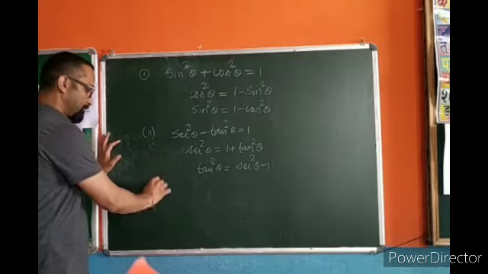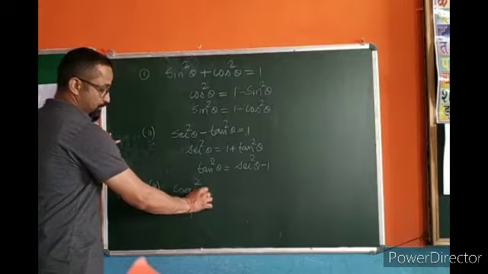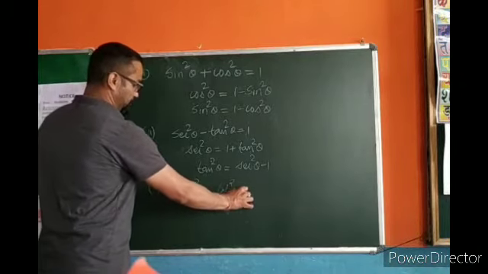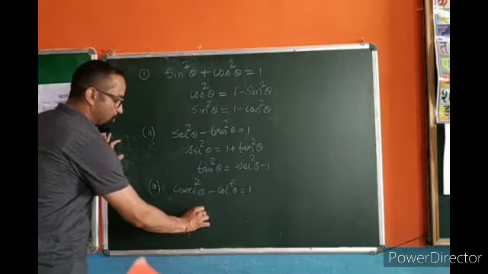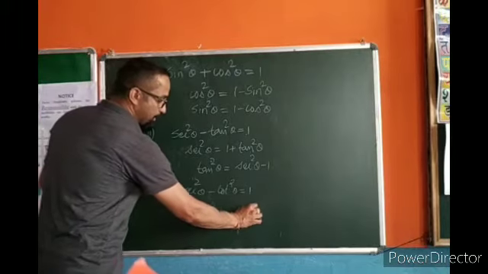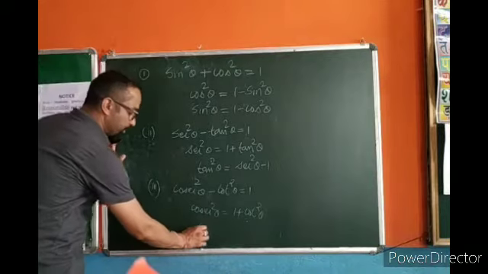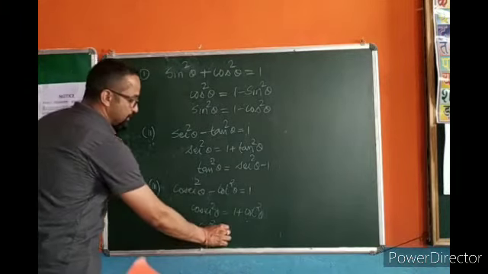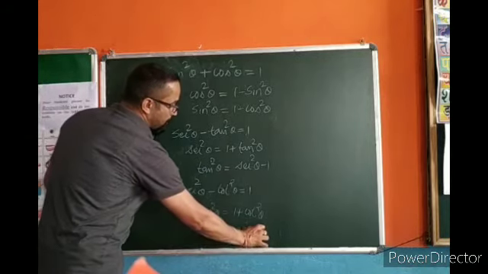Third one is cosec square theta minus cot square theta is equal to 1. So we write cosec square theta is equal to 1 plus cot square theta. And the last relation is cot square theta. Cot square theta is equal to cosec square theta minus 1.